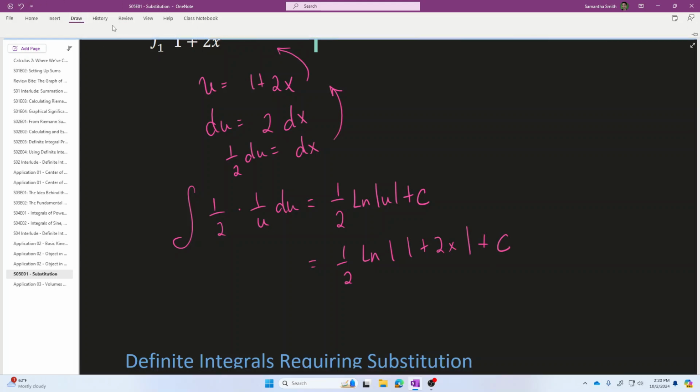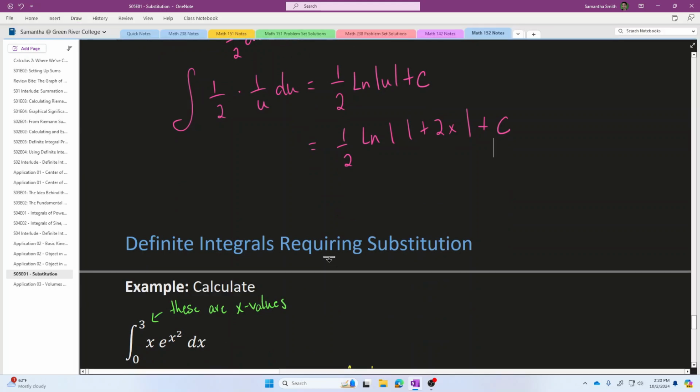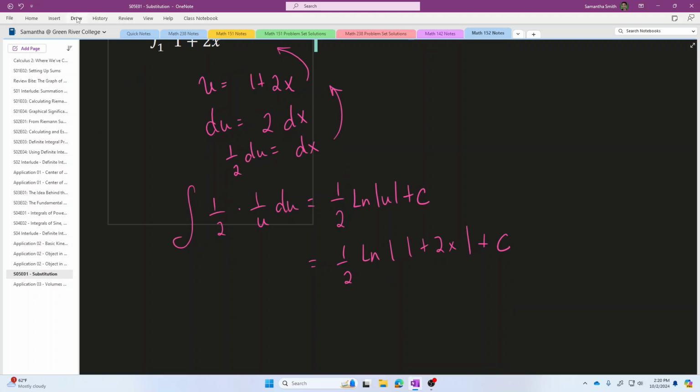Now that I've found the indefinite integral, and in particular one antiderivative, I can finish this definite integral problem just by plugging in these two x values to the antiderivative and subtracting the results.